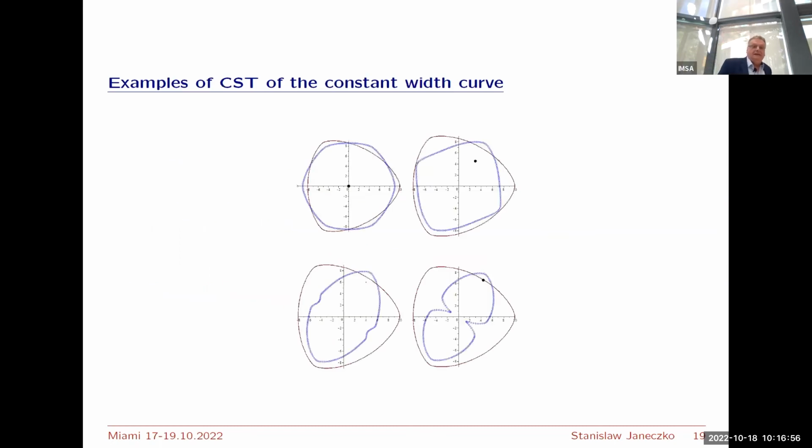And then examples depend on the structure. If we are inside the curve, it is a constant width curve. Constant width curves are very good because it's possible to calculate something on them. They are well parameterized curves. And then you see how the symmetrization is changing, and sometimes an inflection point appears.